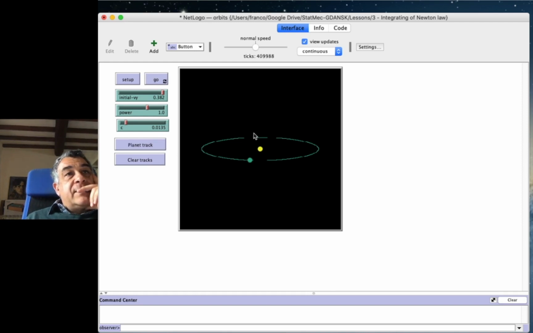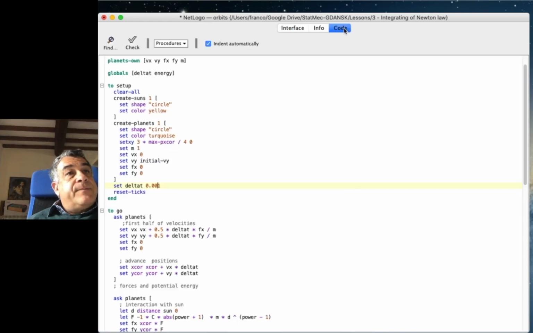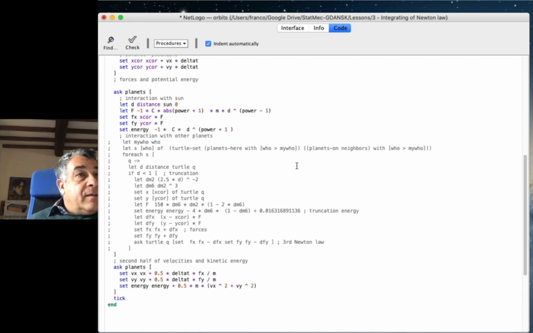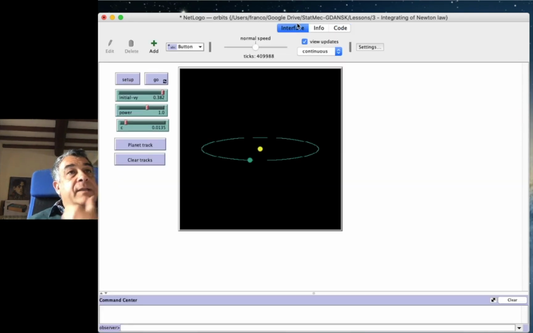Notice that with respect to planetary motion, in this case, the center of the force occupies the center of the ellipse and not one of the foci of the ellipse. And okay, so this is the code.